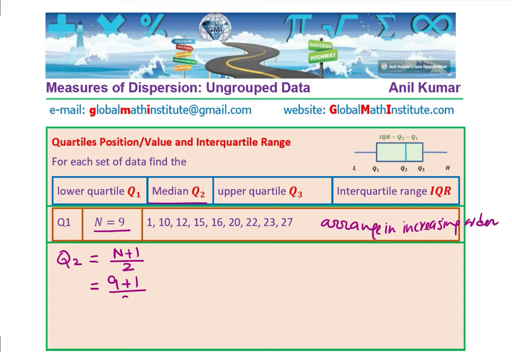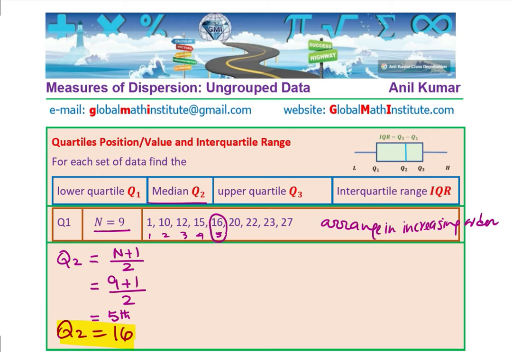N plus 1, n is 9. So this is the position. And so n plus 1 is 10. So we are looking at fifth position. So fifth value. So what is the fifth value of Q2? Let's read it. 1, 2, 3, 4, 5. So it is this number 16. So 16 becomes Q2. Is that clear to you?